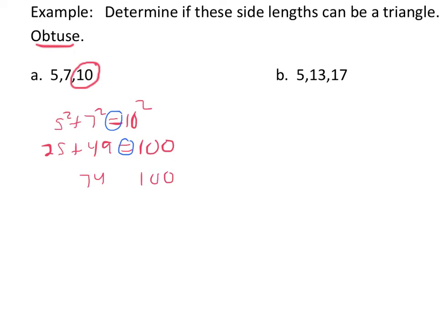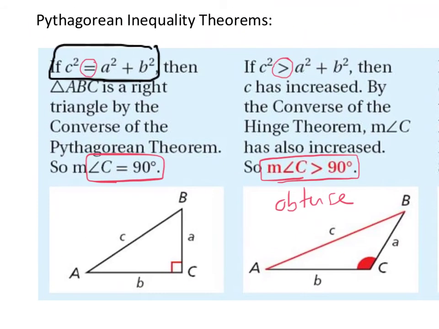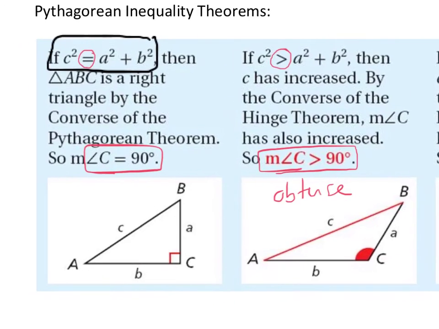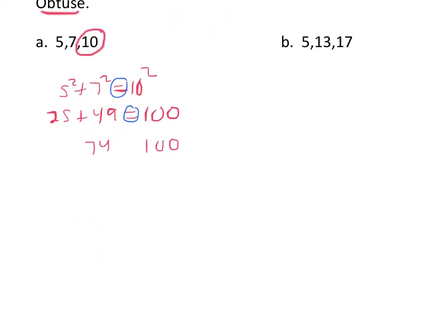Now, because of the rules here, notice how they wrote the Pythagorean theorem with the hypotenuse on the left side. I'm going to do that down here to help it be more consistent. So I'm going to flip this. So I would actually have 100 and 74, with the hypotenuse squared on the left side.